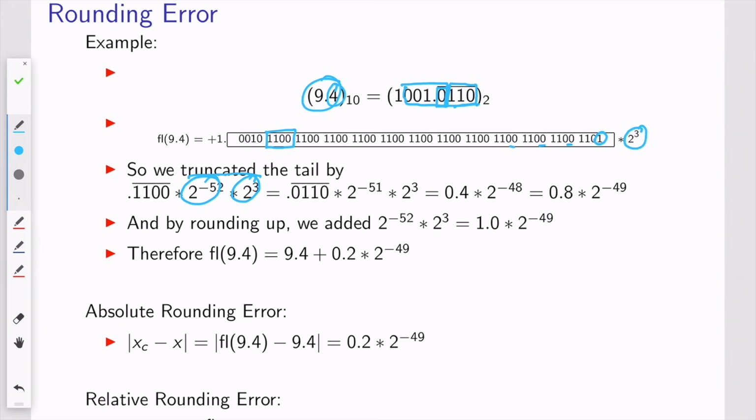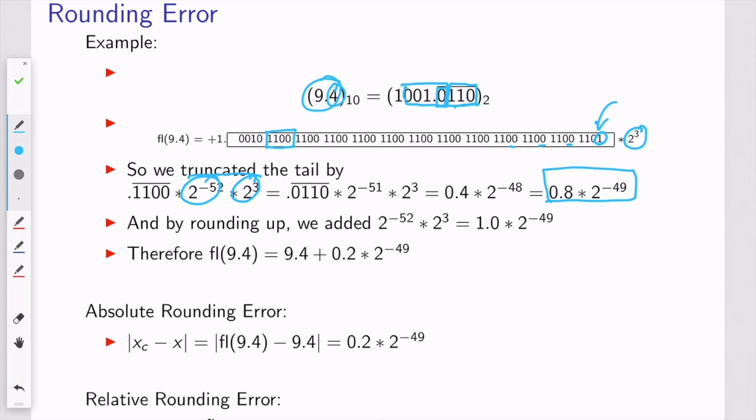That was the exponential term here. So in short, when you did the rounding process, you threw away all this repeating stuff, which if you calculate it out, turns out to be 0.8 times 2 to the minus 49th power. But then you didn't just truncate, you added, because you turned the 0 that was supposed to be here into a 1 due to rounding.